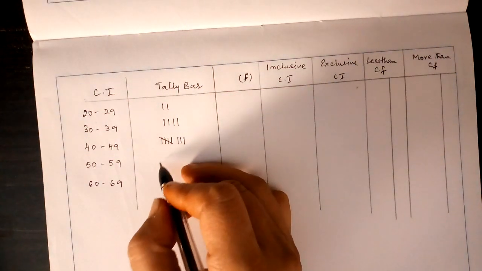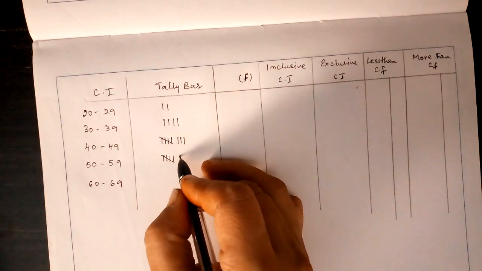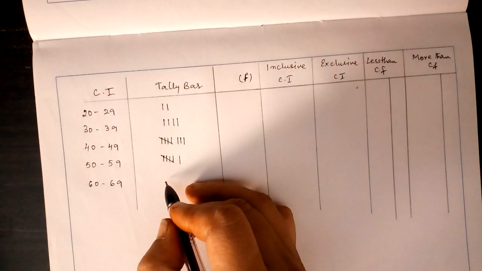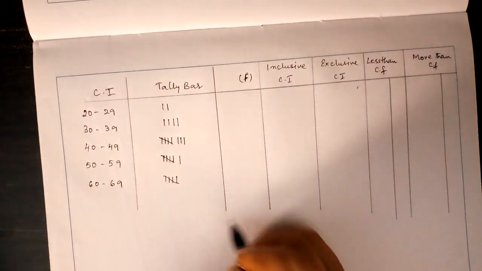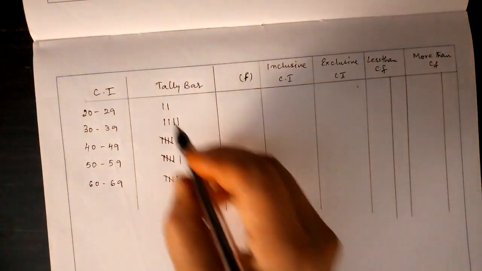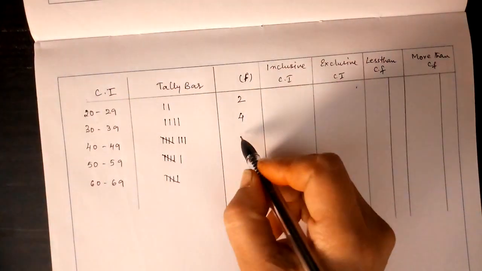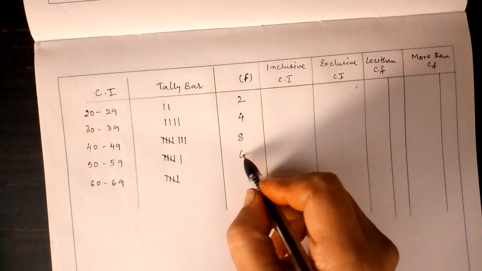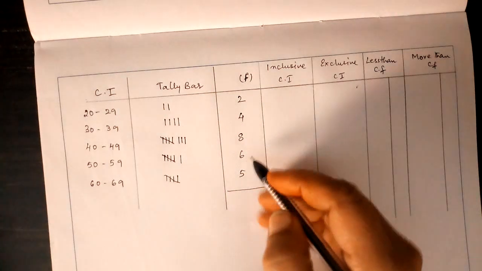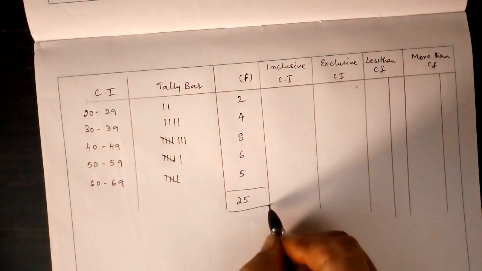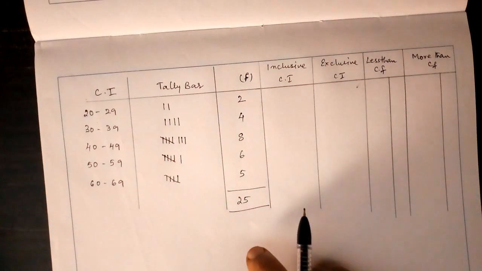Then for 50 to 59 we have 6 values, and for 60 to 69 we have 5 values. So this is 2, and here we have 4, 8, 6 and 5. So the total is 10, 20, 25. Okay. Now we have to write this in the exclusive class interval.